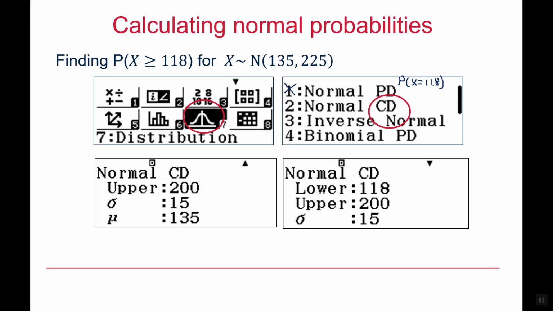You'll then be prompted to give the calculator the information, so standard deviation and mean, and then it requires upper and lower limits for the boundaries of your probability. Well, we want to be greater than 118. So looking at this little sketch here, we're fine putting in the lower limit of 118. What could we put in for the upper limit?